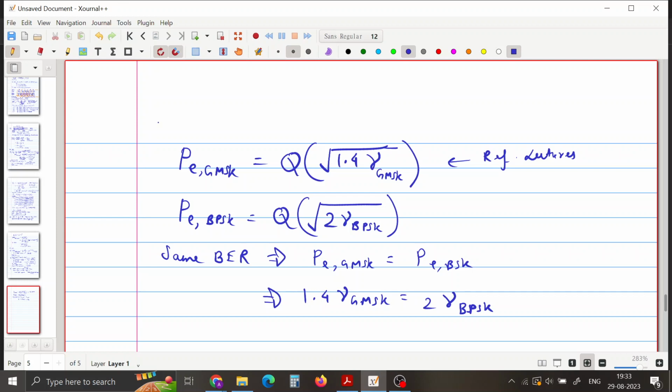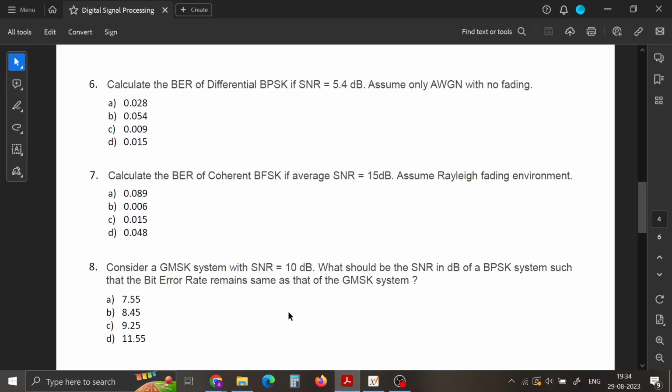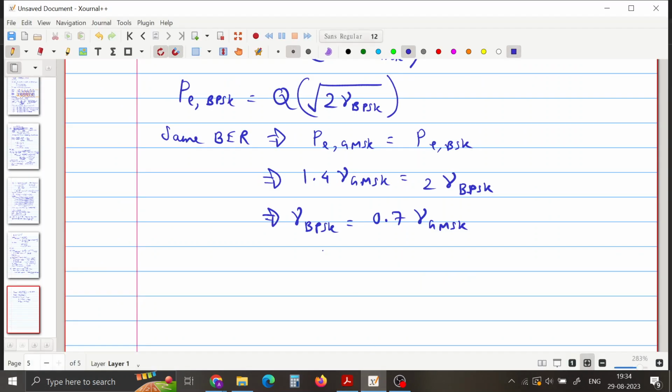Fine. So your gamma BPSK is how much? 0.7 times gamma GMSK. Okay. Now in the question it is asked, for a GMSK system with an SNR of 10 dB, what should be the SNR of the BPSK system? So this gamma BPSK is what you need to find, and that too in dB. Okay, SNR in dB. So far we are in the linear scale.